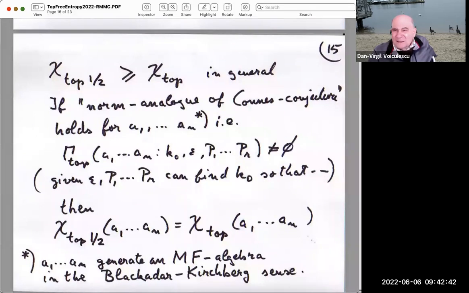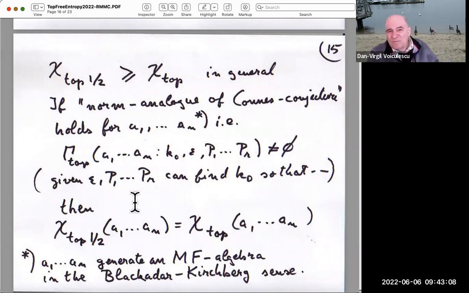The Connes conjecture is equivalent to the fact that if you have elements in a von Neumann algebra with a trace state, then the microstate space with respect to distributions, to moments, is non-empty for all degrees of approximation.